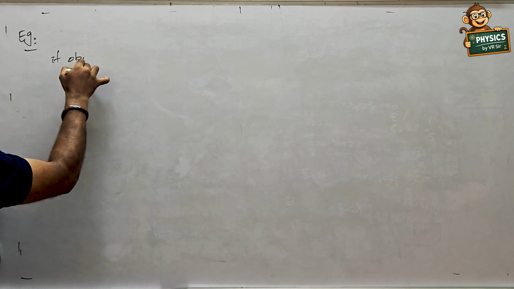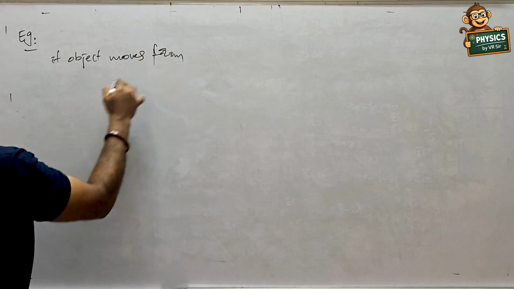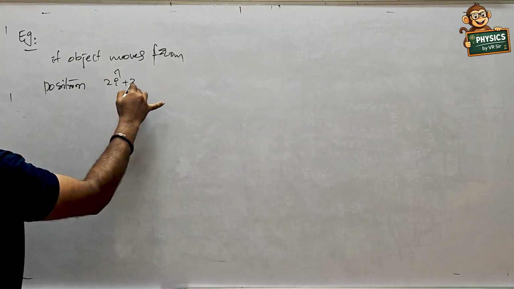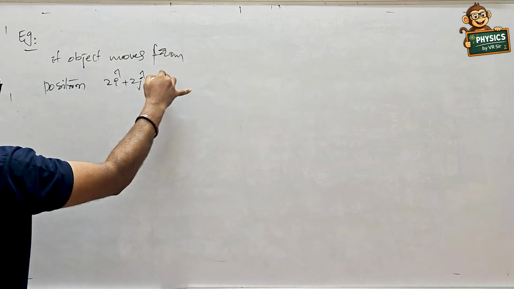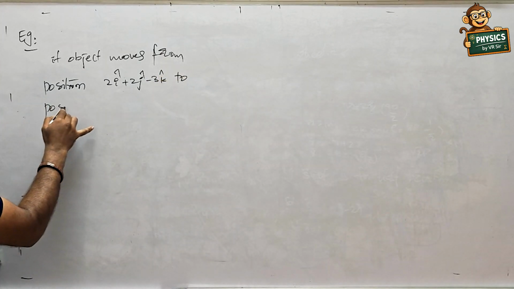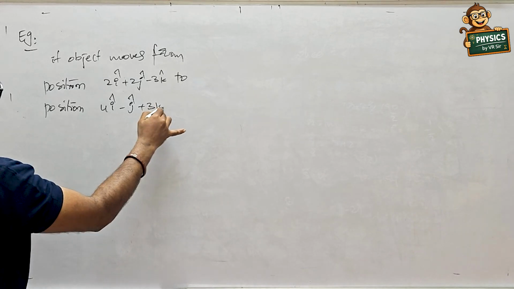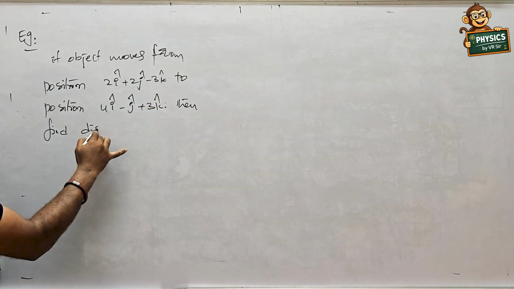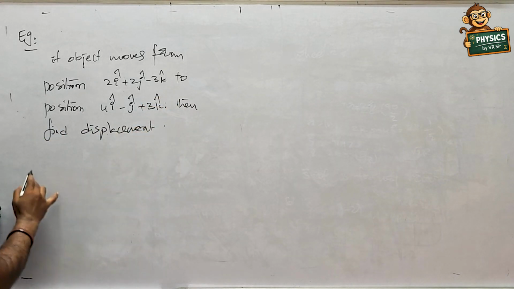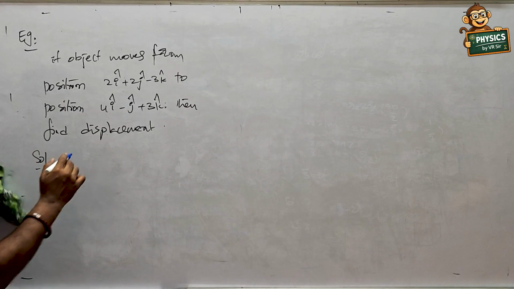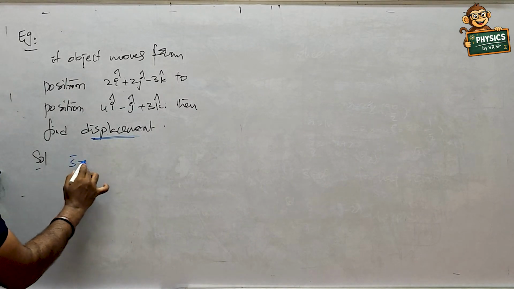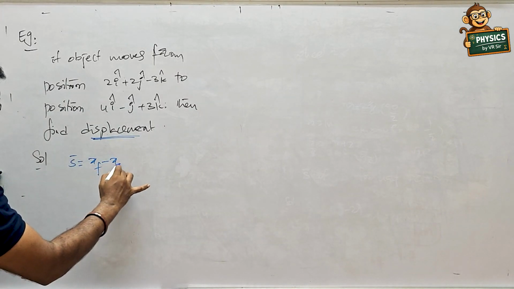If an object moves from position 2i plus 2j minus 3k to position 4i minus j plus 3k, then find the displacement. In this case, we all know the displacement formula we have already given: final position minus initial position.